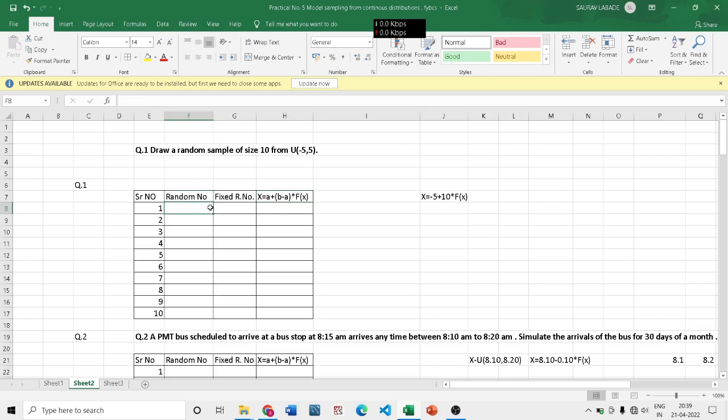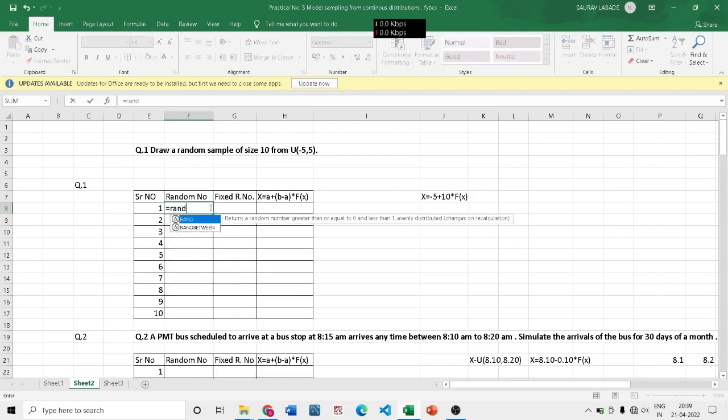Here we will use one formula for generating the random numbers, that is nothing but equals to rand. This function is basically used for generating random numbers, and we will close the bracket and press enter.